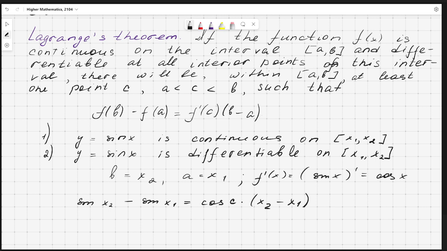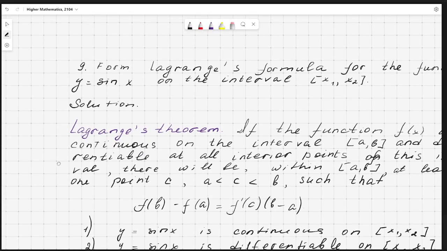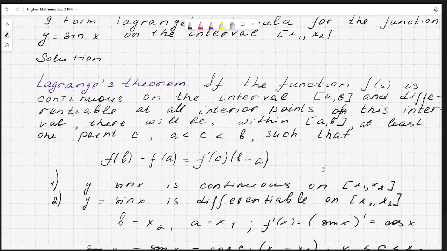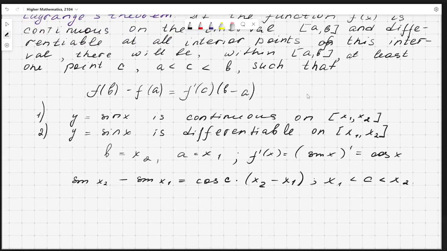Is it clear? Yes, c lies between x first and x second. It was example number 9.